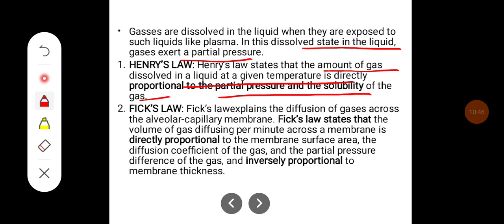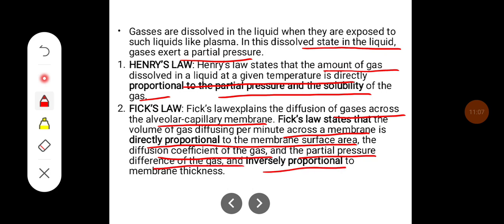Whereas Fick's law explains the diffusion of gases across the alveolar capillary membrane. It states that the volume of gas diffusing per minute across the membrane is directly proportional to the membrane surface area, the diffusion coefficient of the gas, and the partial pressure difference of the gas, and inversely proportional to the membrane thickness.